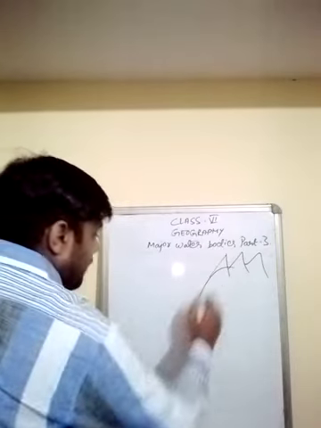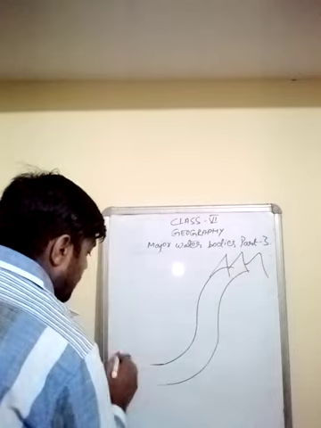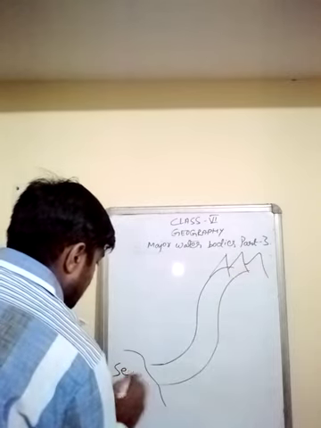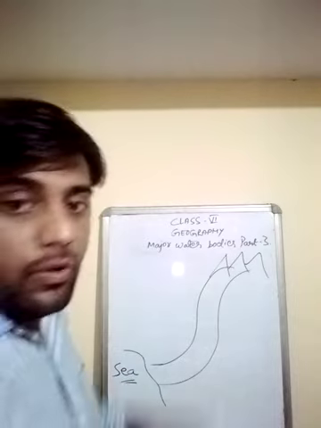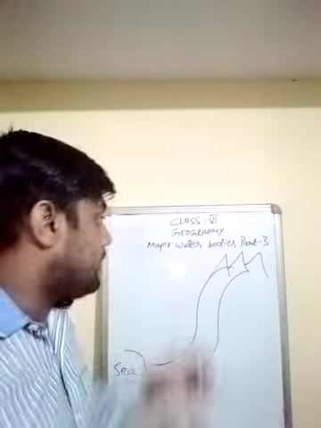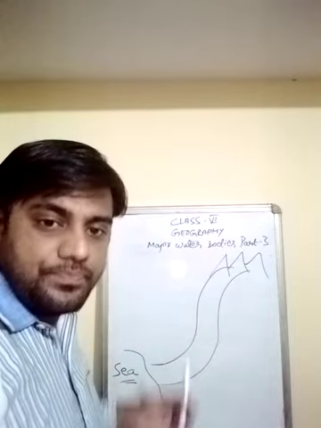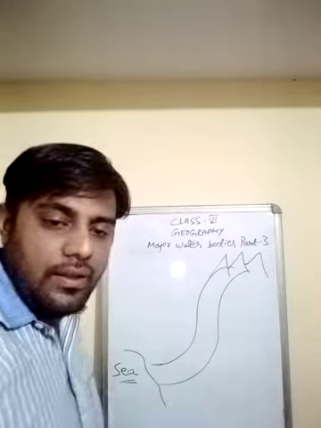Now from higher altitude, when a river flows, mostly a river has one destination only, to reach the sea. First of all, understand this, all rivers cannot reach the sea, but most of the rivers are able to reach the sea. From the mountains they flow and they reach the sea.